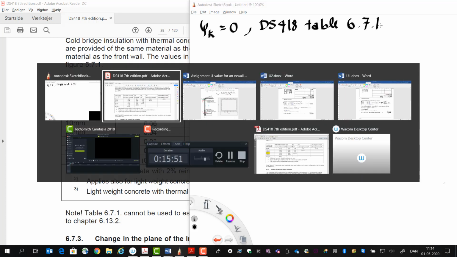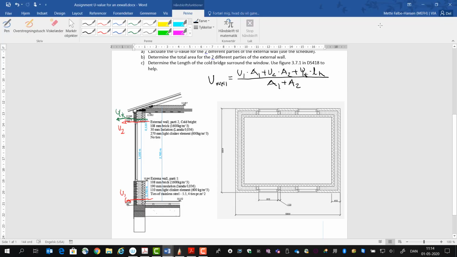And if we look at the drawings, then I need the area of A1, so that's how much we have of U1, and the area of U2, that's how much area we have of the core bridge, and then we need to have the length of the line loss.